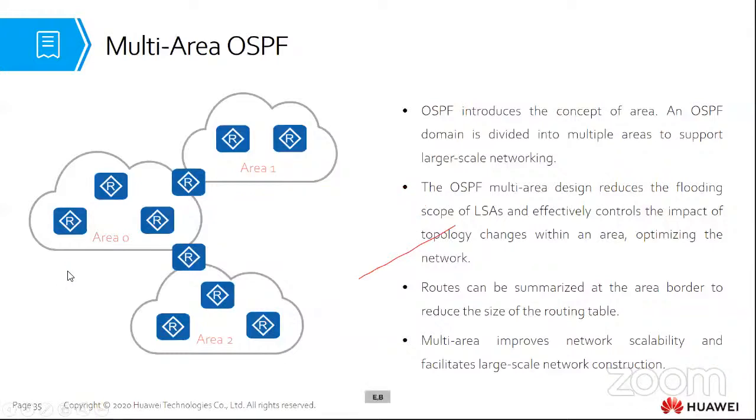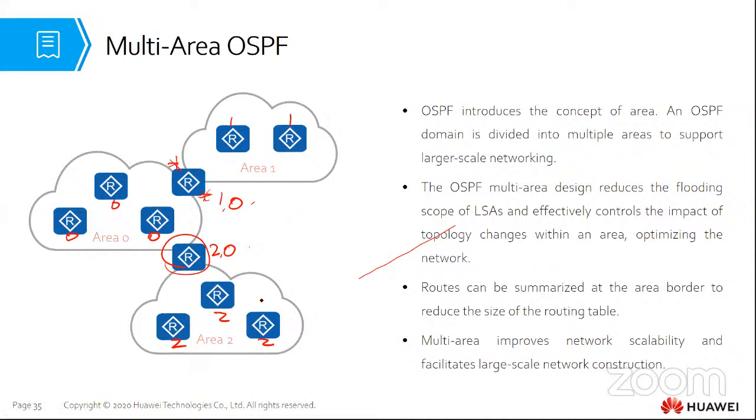Now, as you can see, we have a router that is in between area 1 and area 0. We have a router that is in between area 2 and area 0. We have routers that are only in area 2, routers that are only in area 0, and routers that are only in area 1.